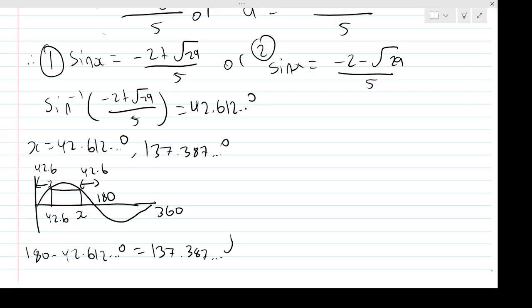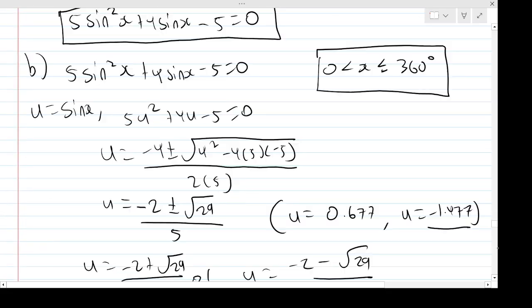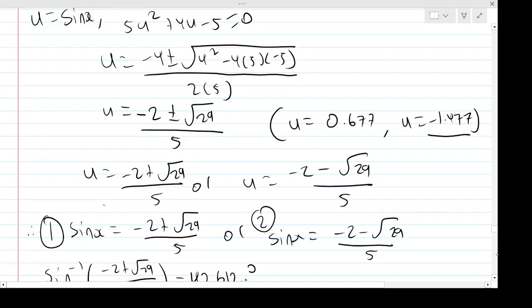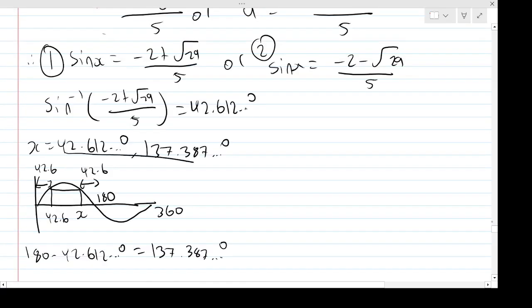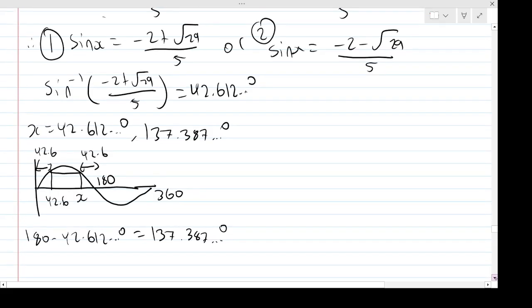So if I add that here, there we are. Okay, let's look at our interval then. So those are my first two solutions. To get the other ones, I need to add or take away 360, right? Do I need to do that? Actually, no, I don't, because I'm only between 0 and 360. So those are my only two solutions without adding 360 on, okay?